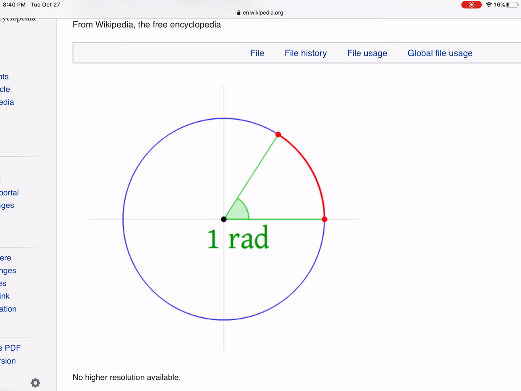That is equal to 1 radian. It's approximately 57 point something degrees. Then if you go halfway around the circle, it takes exactly pi radians, 3.14159... goes on forever. Pi radians is 180 degrees. And then all the way around the circle, 360 degrees is 2 pi radians.